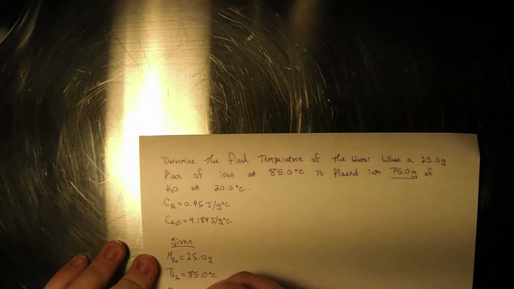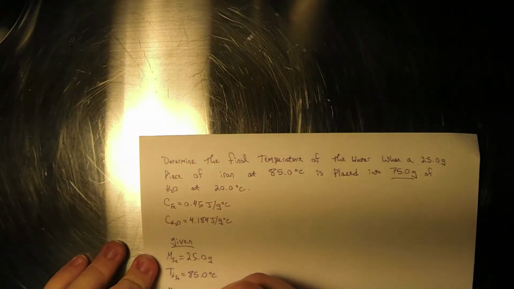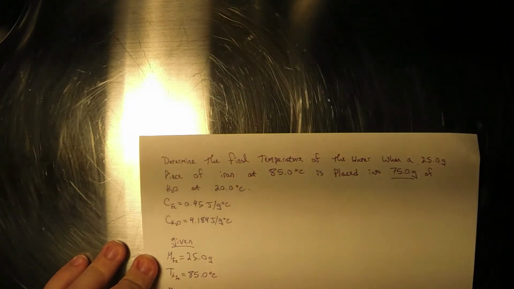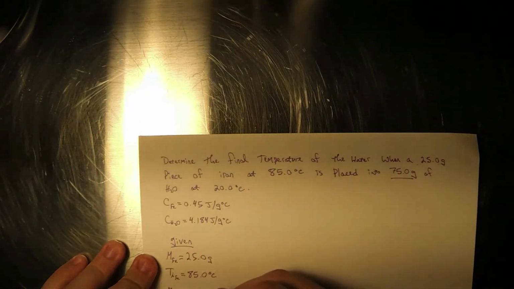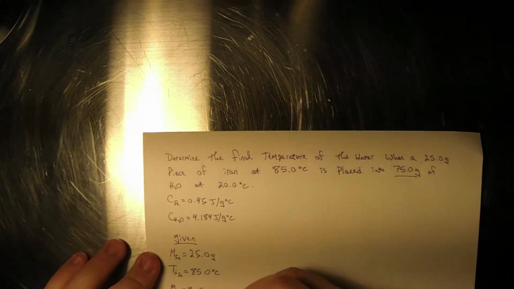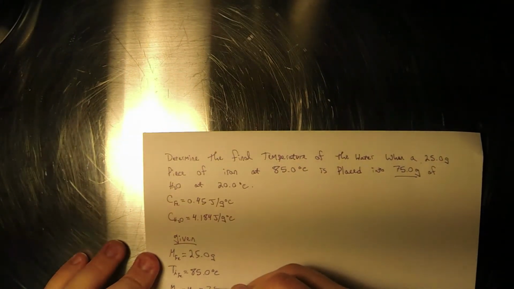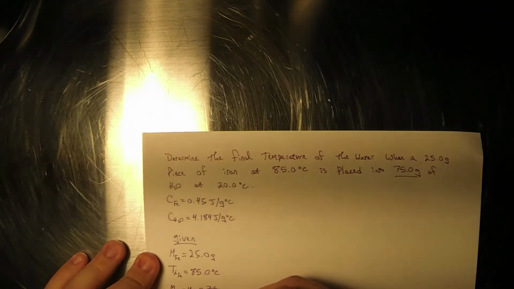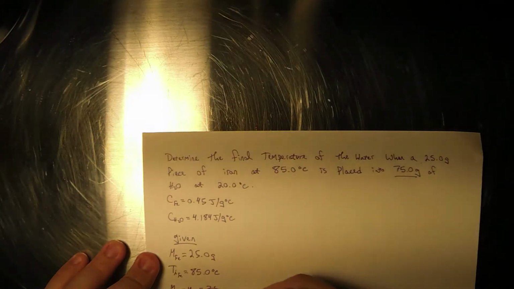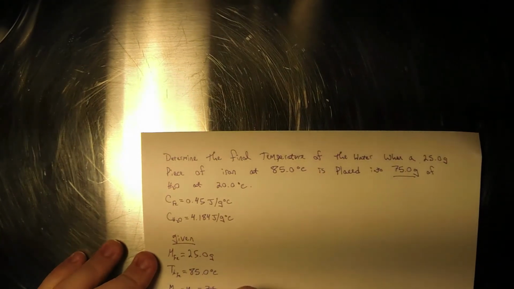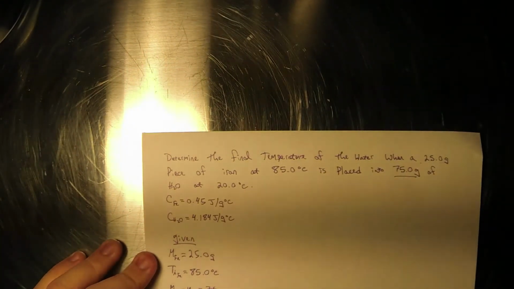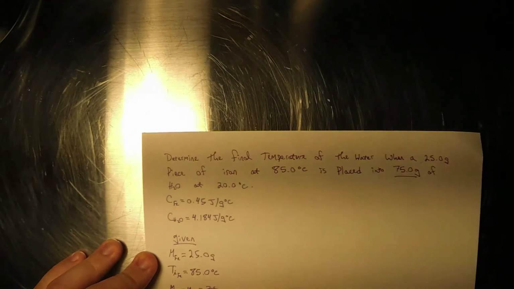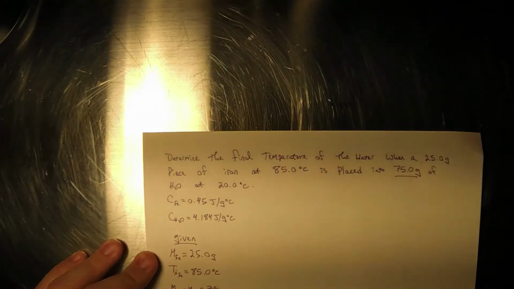I'm going to say mass sub W for mass of water, and that is 75.0 grams of water. And they also gave us an initial temperature of the water, which equals 20.0 degrees Celsius.